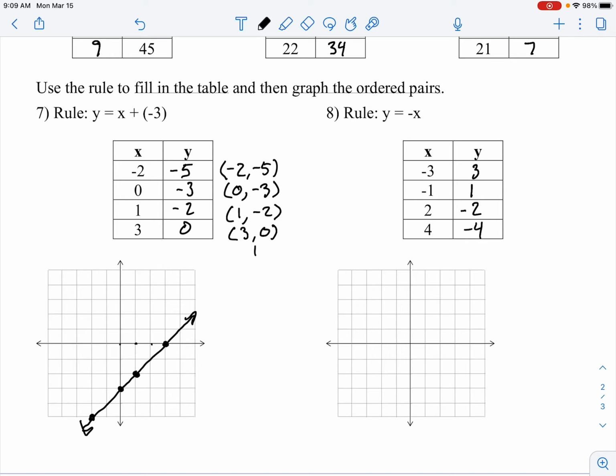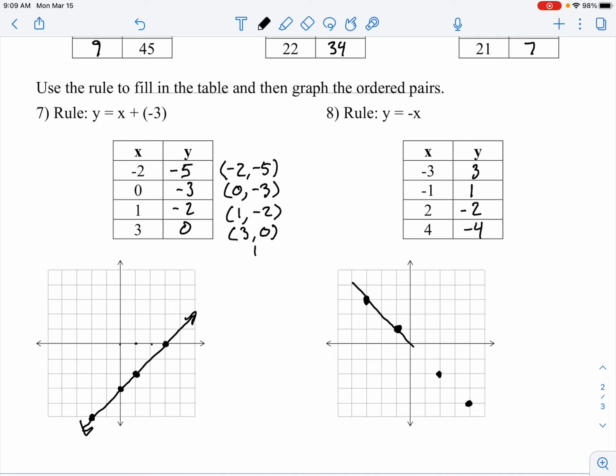So we're going to go left 3, because that represents negative 3, and then up 3. So there's how we got that. Minus 3 for the first number goes left, up 3 for the positive 3 of the second number. And then we've got negative 1, comma 1. 2, comma, negative 2, and 4, comma, negative 4.